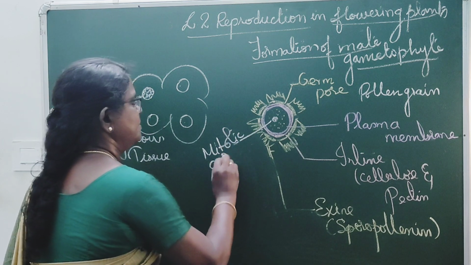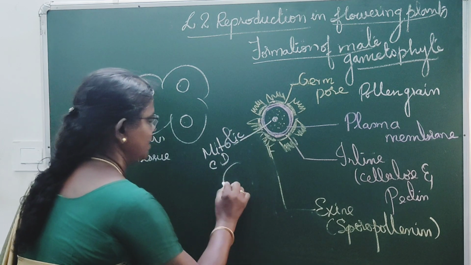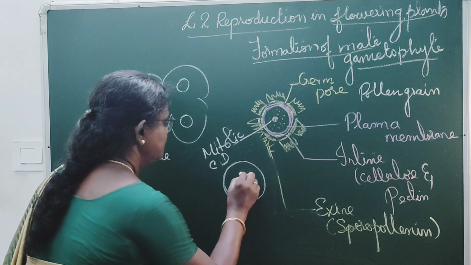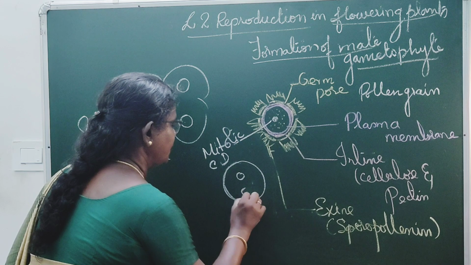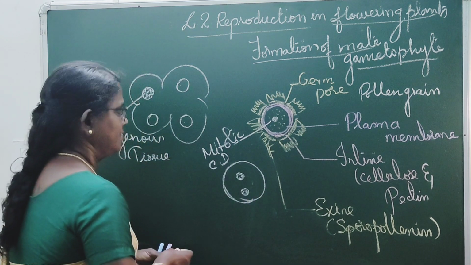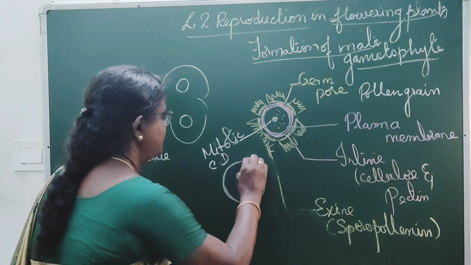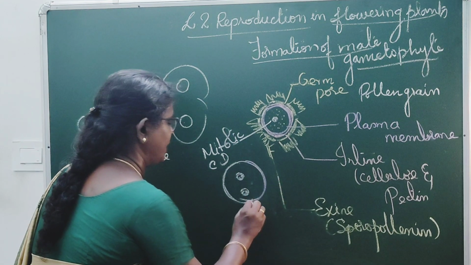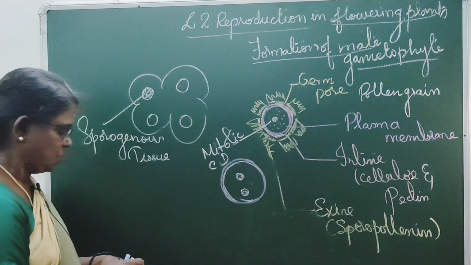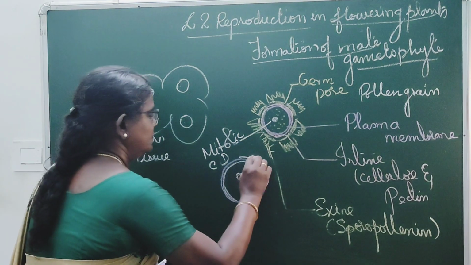Mitotic cell division. By this mitotic cell division, the nucleus becomes two nuclei. By this karyokinesis, it divides into two nuclei.